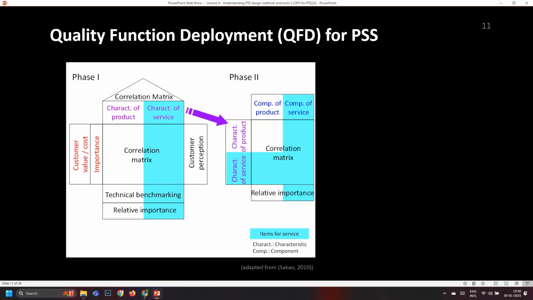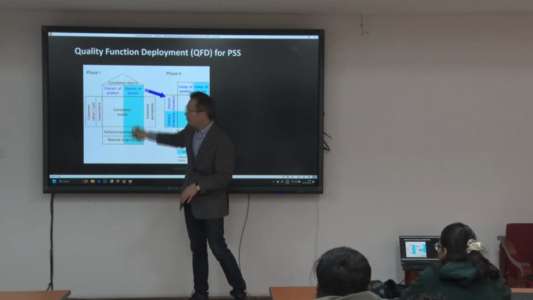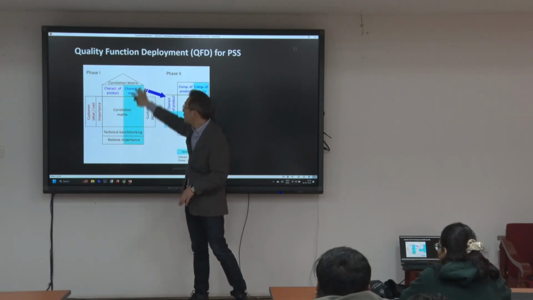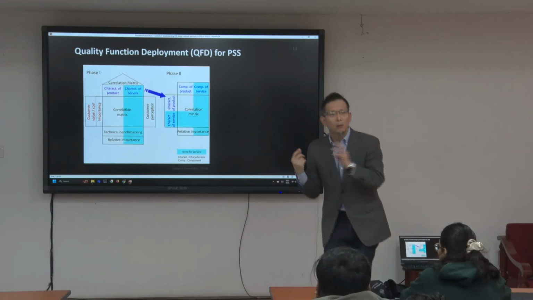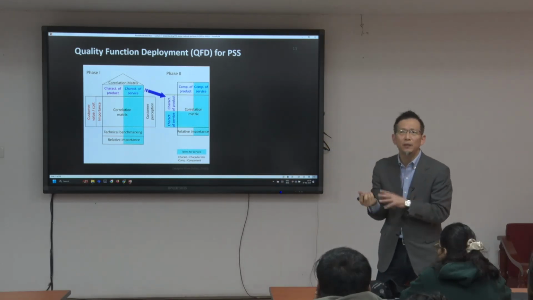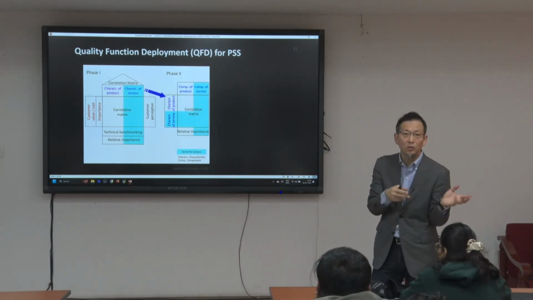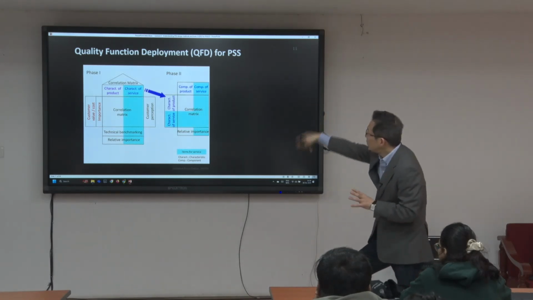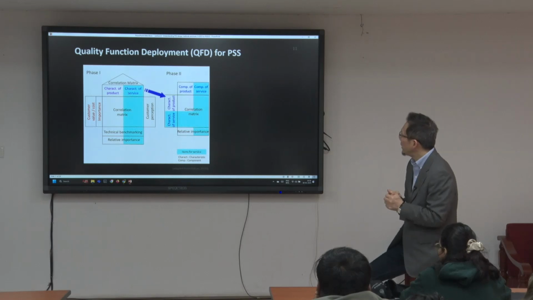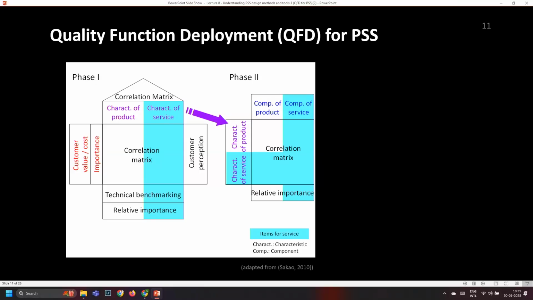And of course, the difference with the traditional QFD here is we need to have design parameters for the services here in the matrix. Without that, it is very similar, almost identical to the traditional product design QFD. So the new feature of QFD for PSS lies in the blue shaded parts of the matrix.